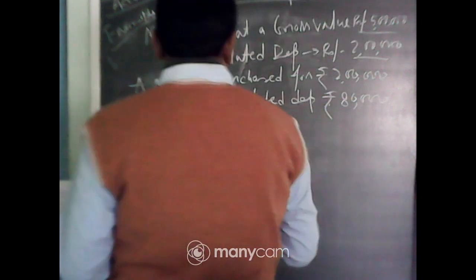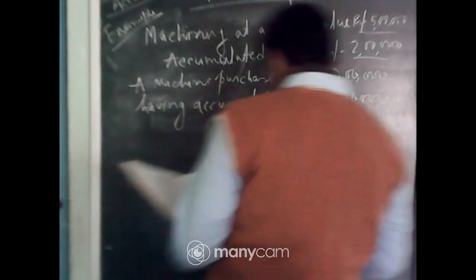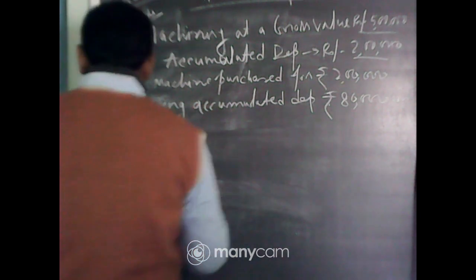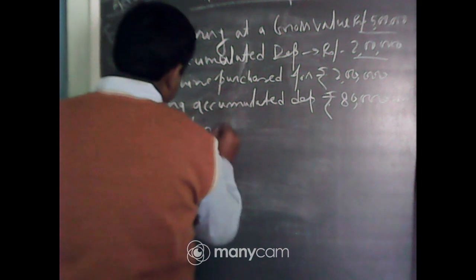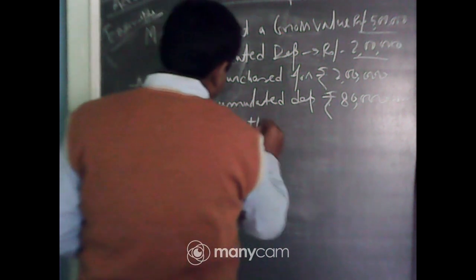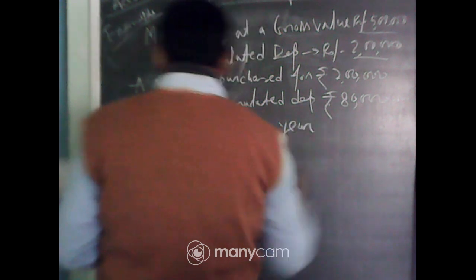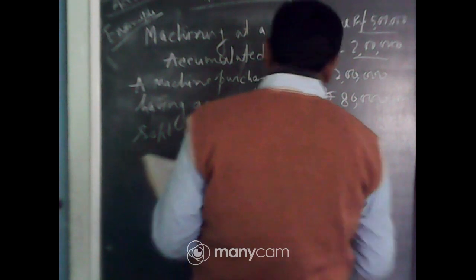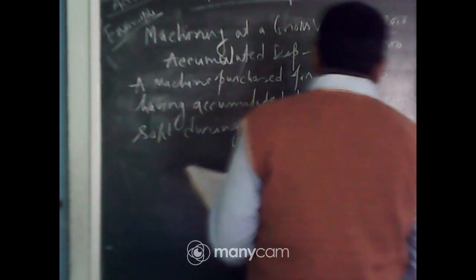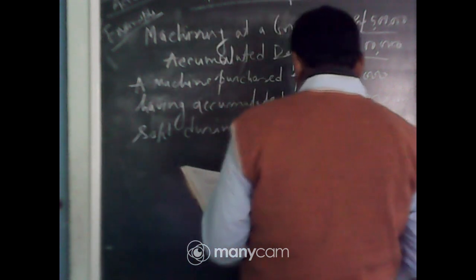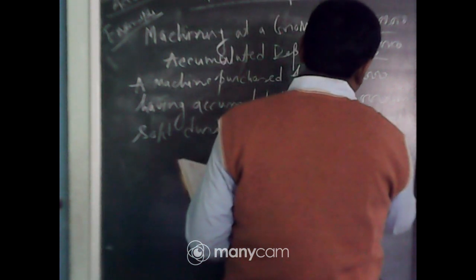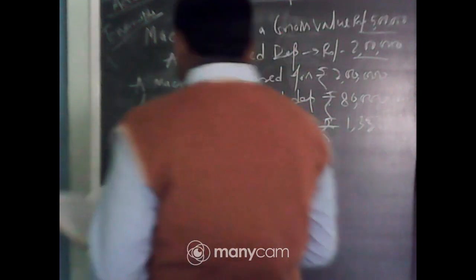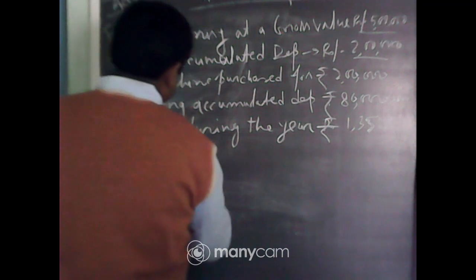There is no date mentioned. Was sold during the year for rupees 1,35,000. We can write in rupees, or we can use the sign also. Now they are saying prepare asset disposal account only.